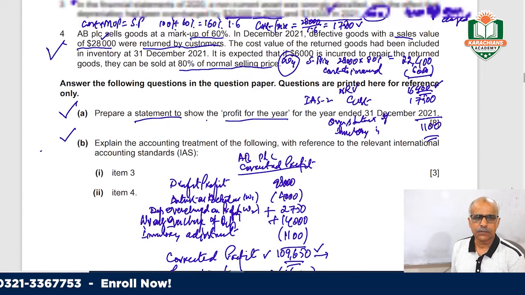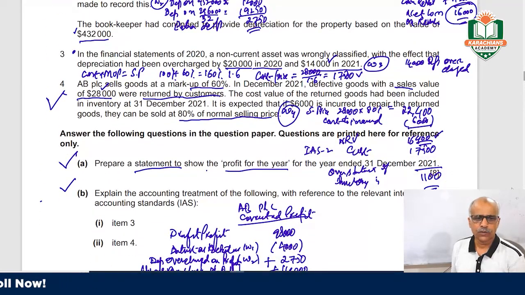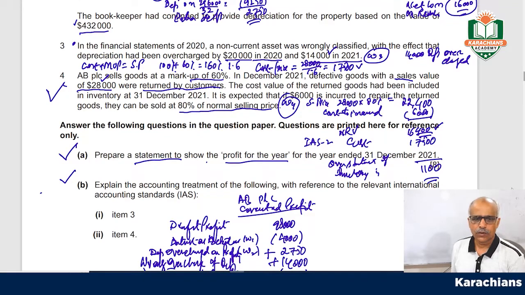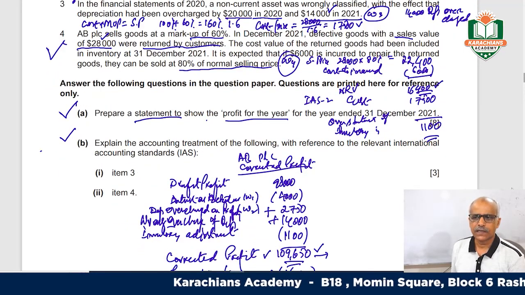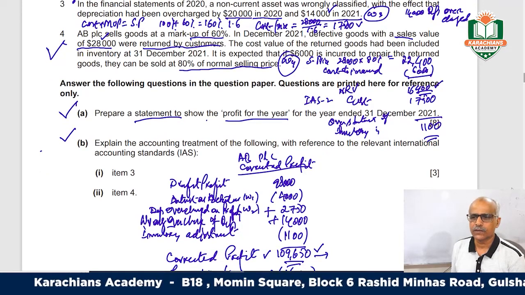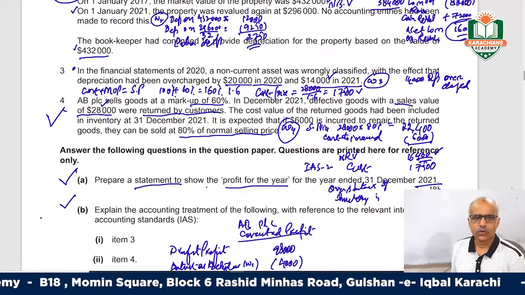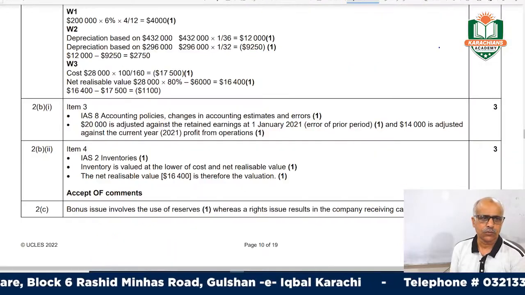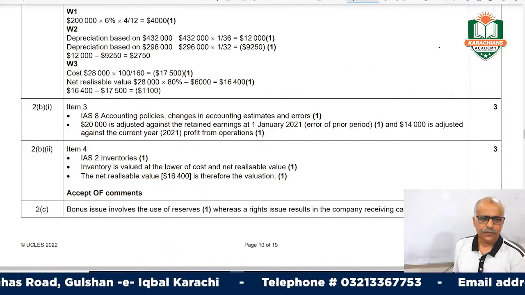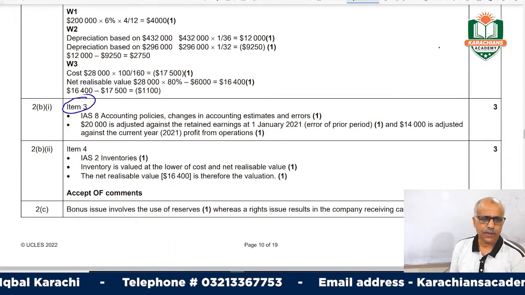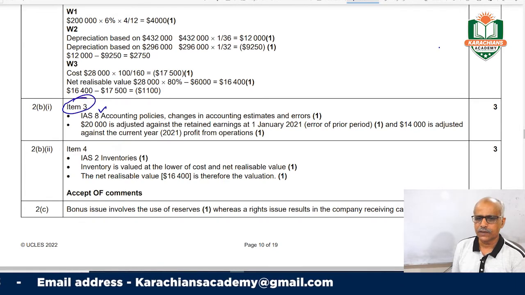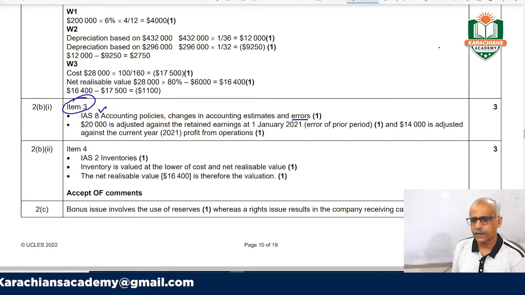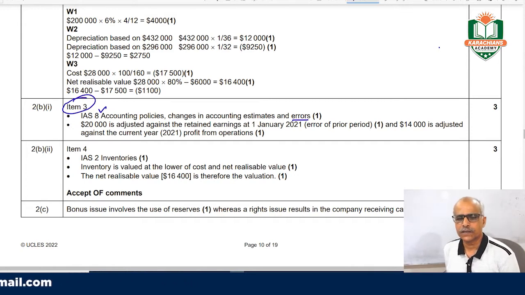Item number 4 was relating to inventory, and here International Accounting Standard 2 will apply. We will see the marking scheme just to explain to you. In item number 3, IAS 8, accounting policies, changes in accounting estimates and errors, because here an error has taken place.